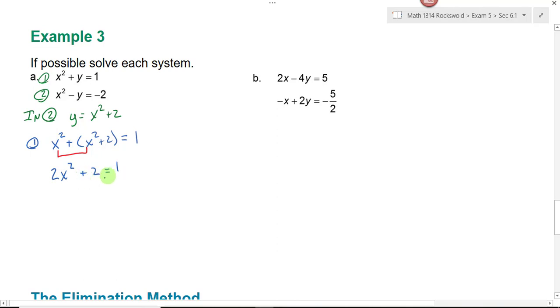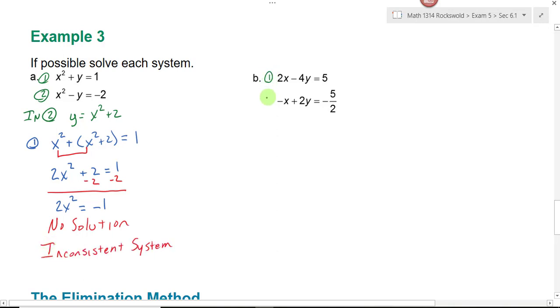Then I subtract 2 from both sides of this equation, and I end up with 2x squared equals negative 1. Here I could stop and say that there's no solution because I have an x squared equal to a negative, and when you square a variable you get a positive if you have a solution. So I would stop right here and say that there's no solution and we have an inconsistent system.